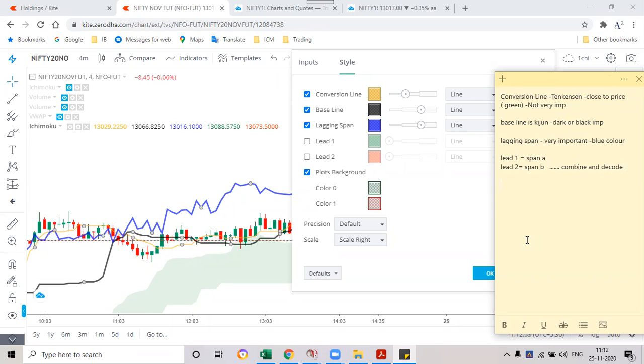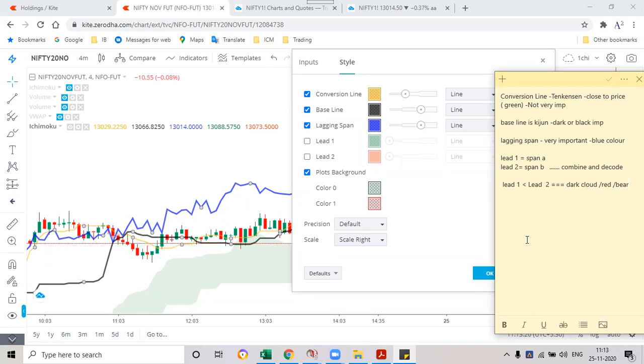Very important: if lead 1, that is Span A, is less than lead 2, that means if Span A is below Span B in terms of the values, it will create a dark cloud, or you call it a red or bearish cloud.